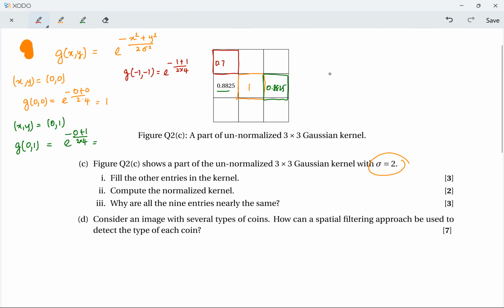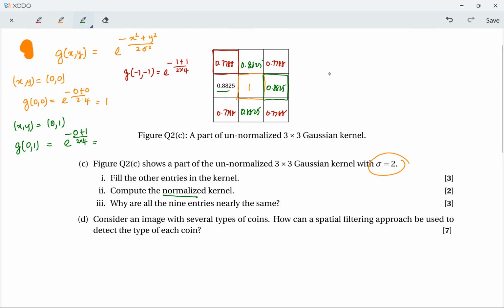That is 0.7788. I hope this is correct. So this same number will go there. You can see by symmetry, you get this because it's x squared plus y squared. And this same number goes here, 0.8825, 0.8825.